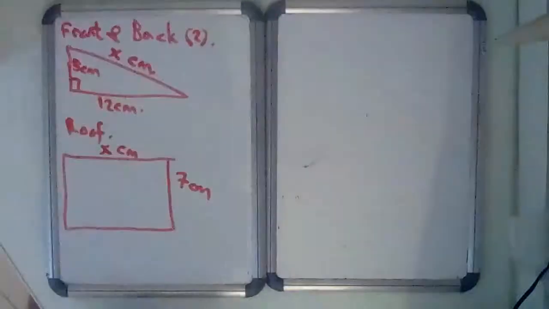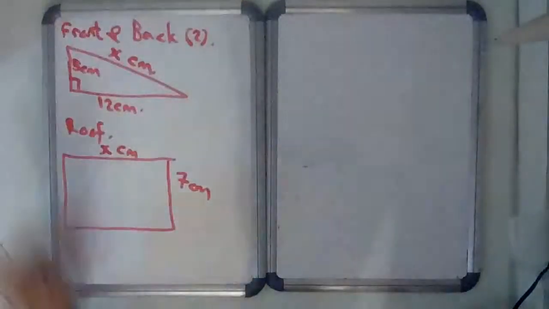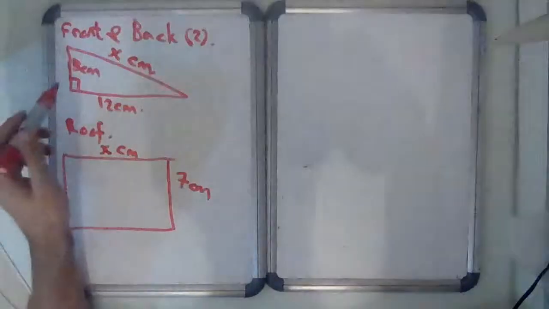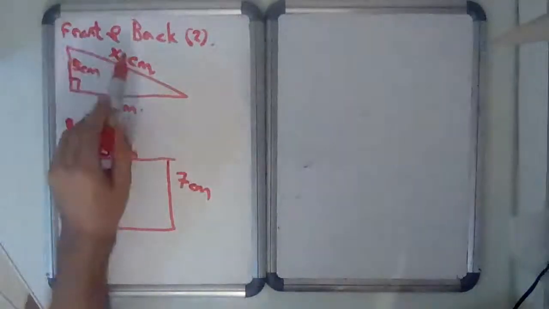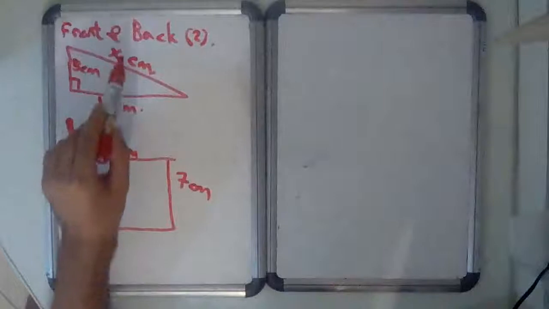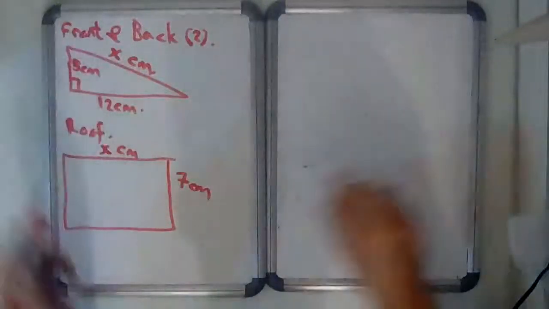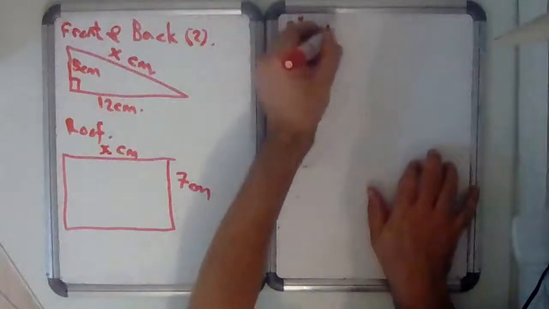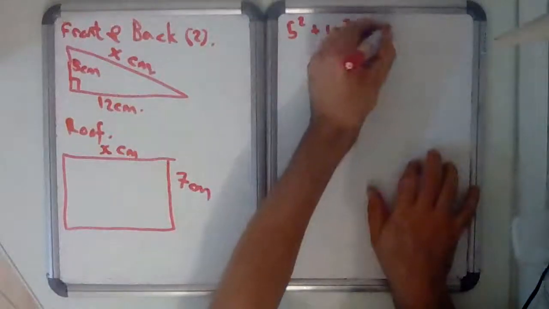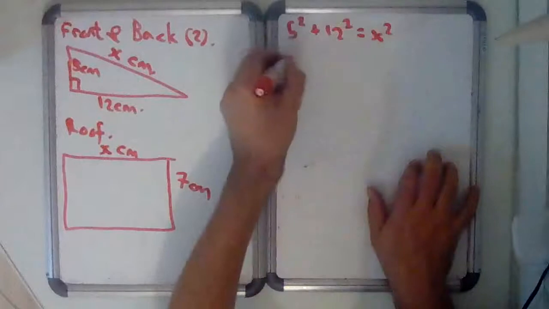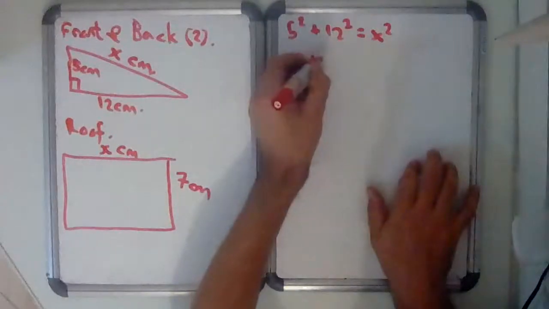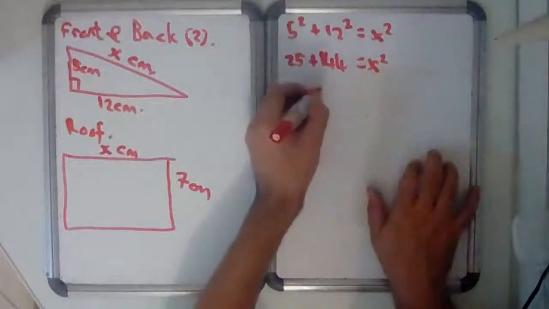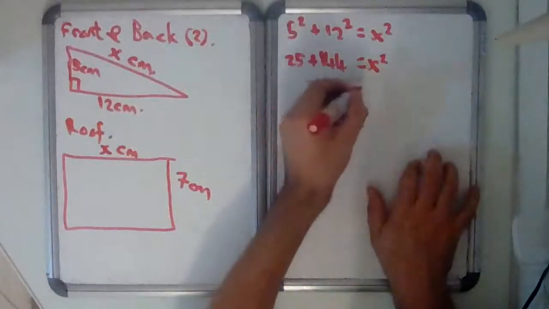So if we consider the triangle, in any right angled triangle, Pythagoras theorem tells you that a squared plus b squared equals c squared, where c is the longest side opposite the right angle. So 5 squared plus 12 squared equals x squared. 5 squared is 25, 12 squared is 144, equals x squared. 25 plus 144 is 169.